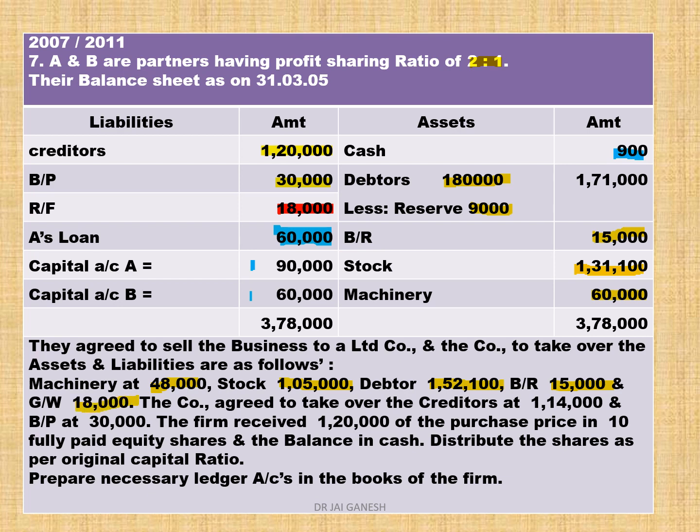It means cash is not taken over by the company. The company agreed to take over creditors at 1,14,000, took over BP at 30,000. So both the liabilities are taken over by the company.